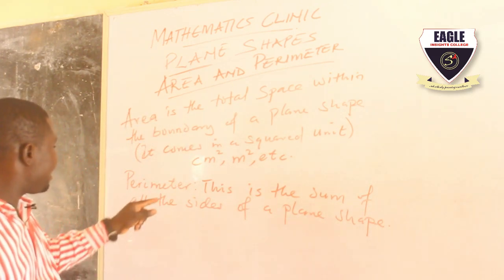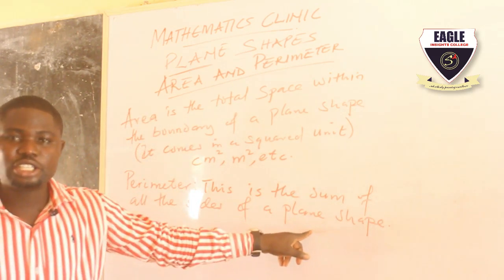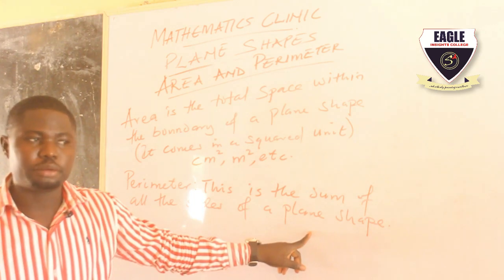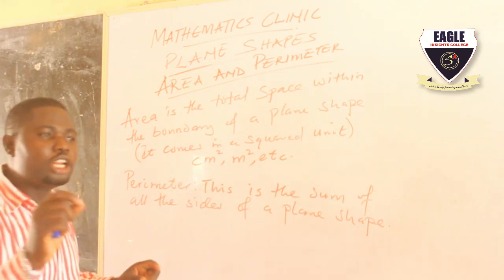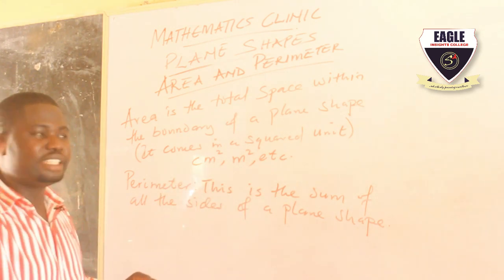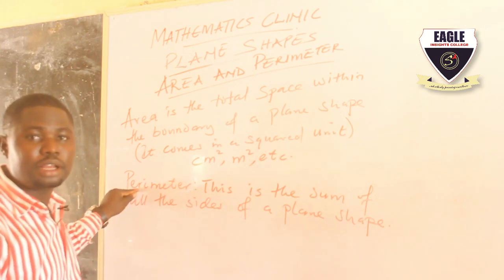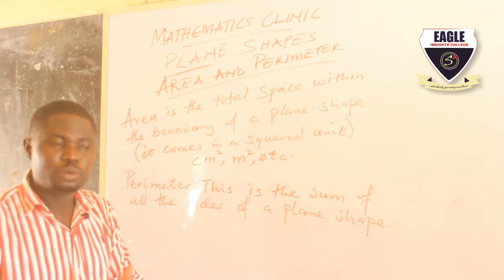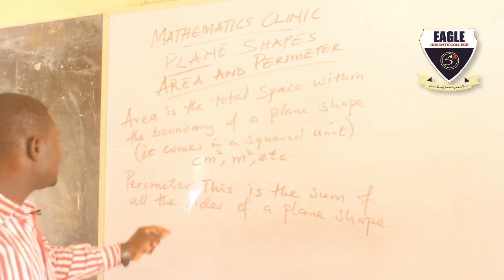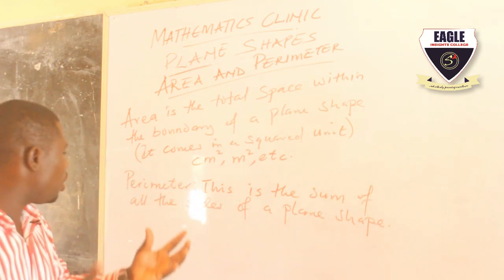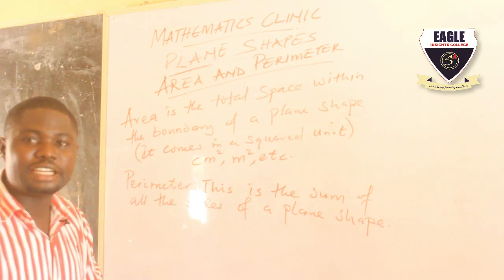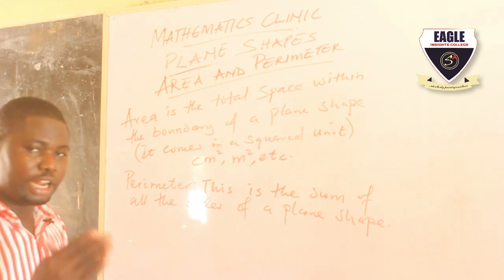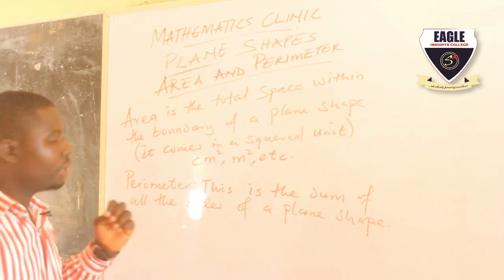Remember, I kept on saying that it is only for a plane shape, because a solid shape can never and will never have a perimeter. So a perimeter is only peculiar to plane shapes. That's why we said it is the sum of all the sides of a plane shape.